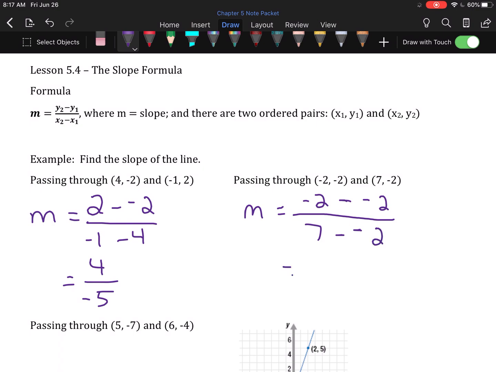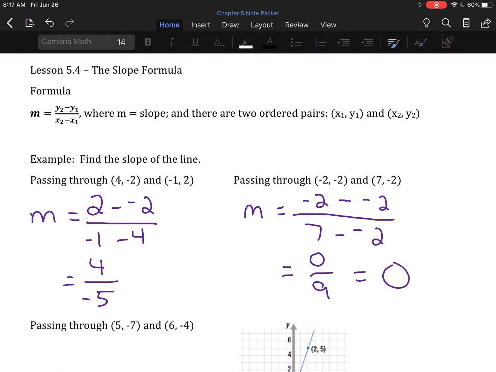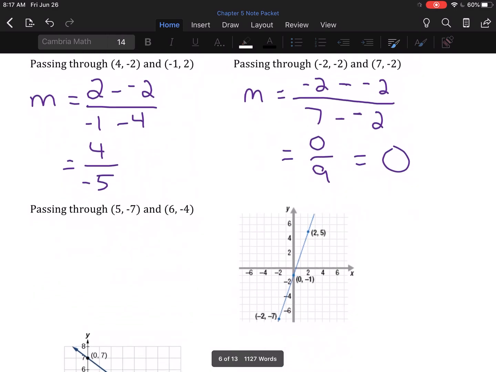Now, negative 2 minus negative 2 is negative 2 plus 2, that is 0. 7 minus negative 2 is 7 plus 2, that is 9. 0 over 9 is 0. And yes, you have to simplify that to the number 0. If you gave me 0 over 9, you're probably going to lose a half point for not simplifying, possibly a full point.